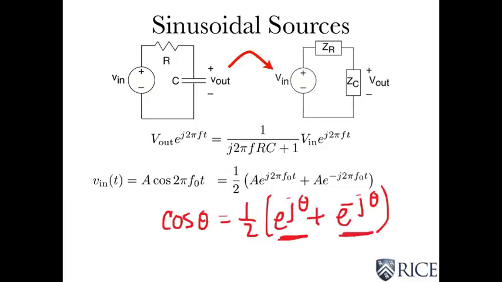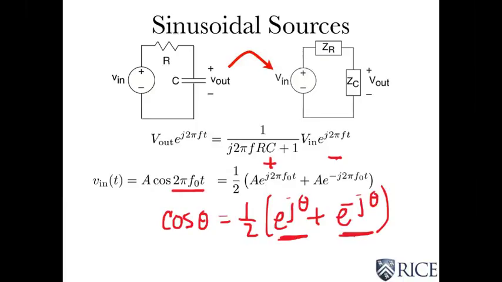That's a cosine. So that applies to the case where theta here is just 2 pi f naught t. So I think of this as being a positive frequency complex exponential, and this being a negative frequency complex exponential. This may sound a little strange, negative frequency things, but it turns out this is really very important and the right way to think about it.